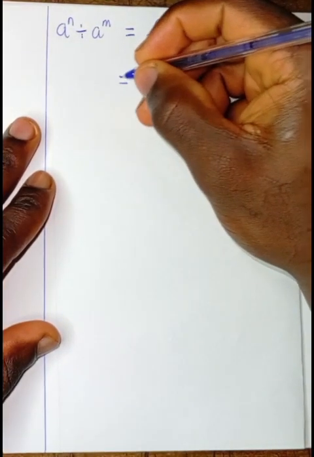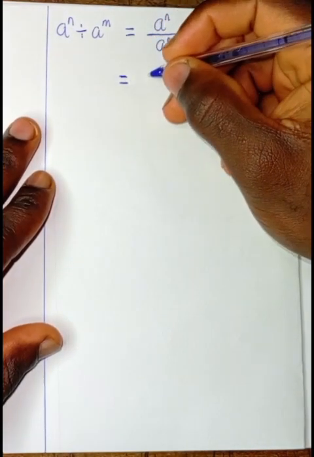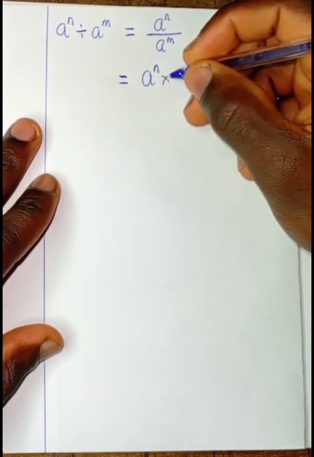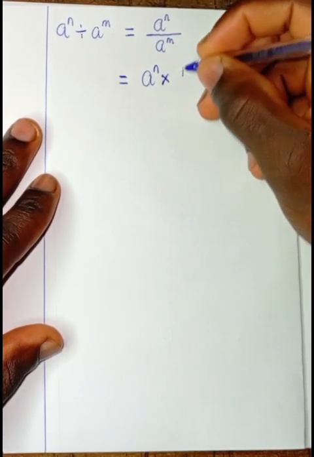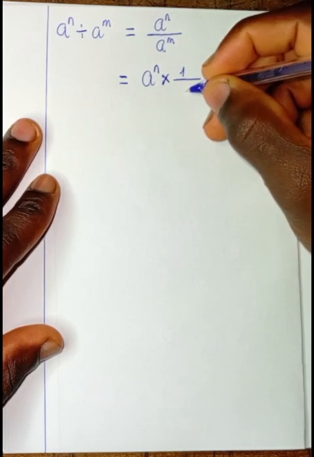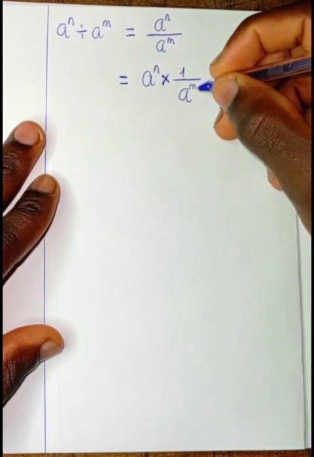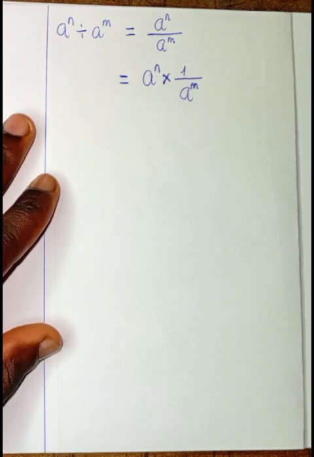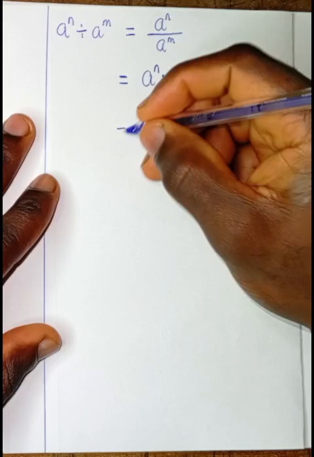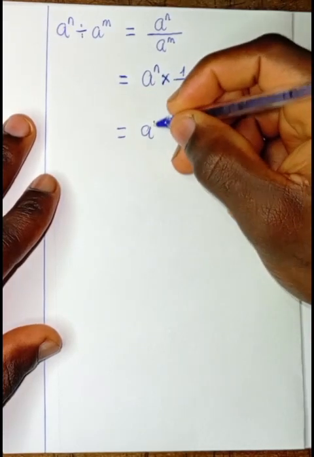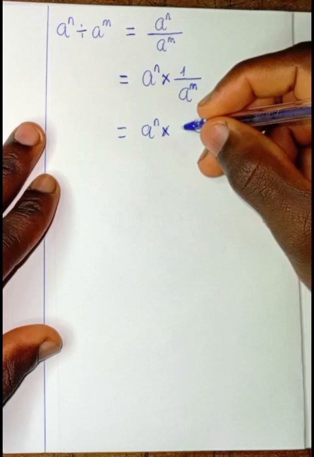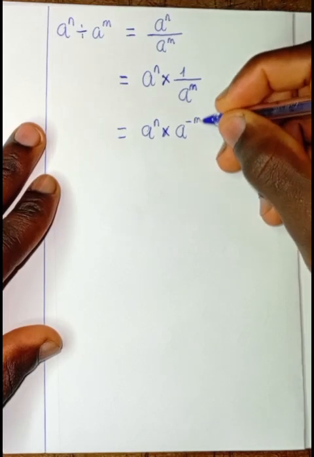This will simply be equal to a to the power n times 1 all over a to the power m. So by making use of the first property, this will give us a raised to the power n times a raised to the power negative m.